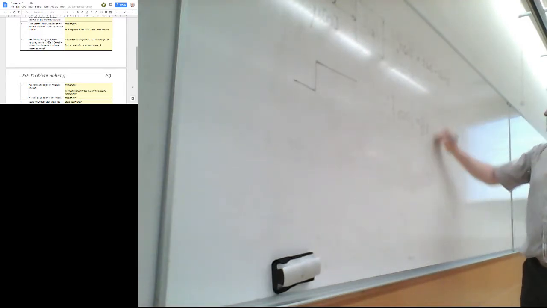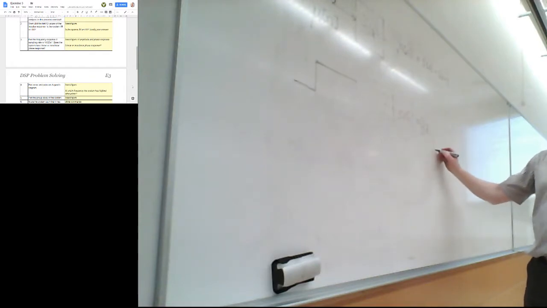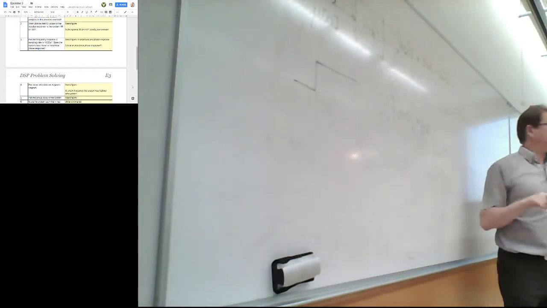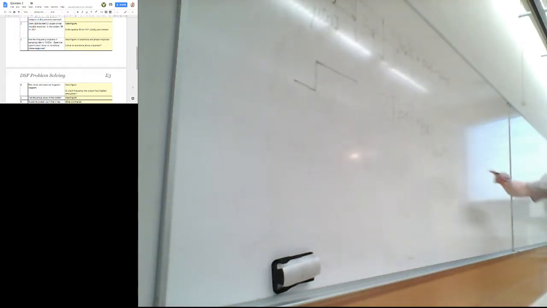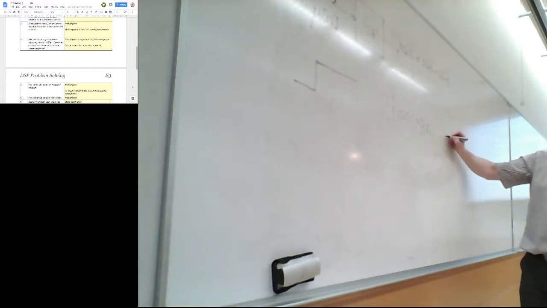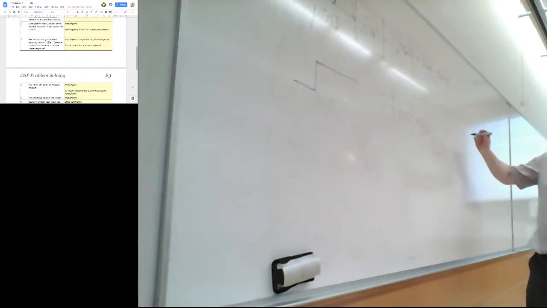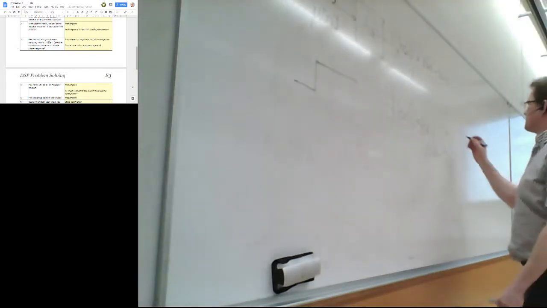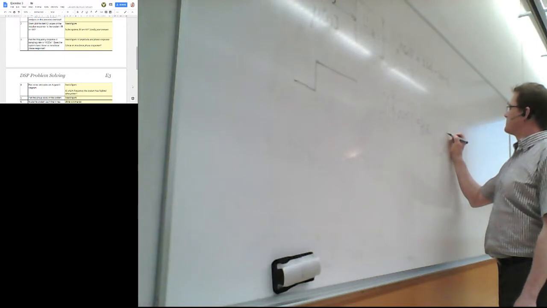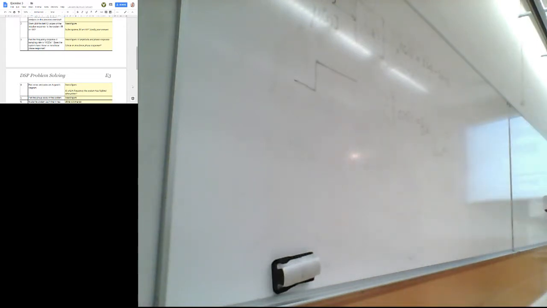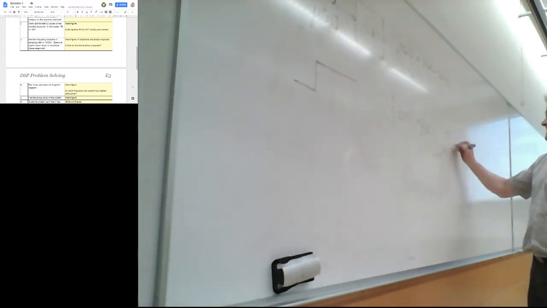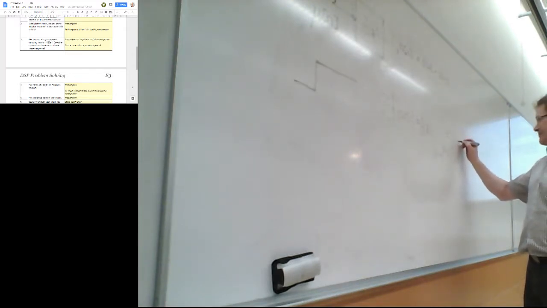And basically, when you put Z equals e to j omega, meaning you are evaluating the transfer function on the unit circle, that is the same as frequency response.